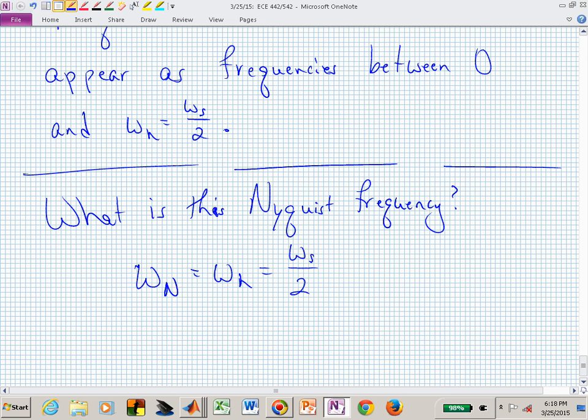So if somebody says, what's the Nyquist frequency, and they tell you what the sampling frequency is, you can divide that sampling frequency by 2 and say the Nyquist frequency is half that sampled frequency. And the only frequencies that you will be able to identify in your sampled waveform are between 0 and omega sub s over 2, or 0 and that Nyquist frequency.